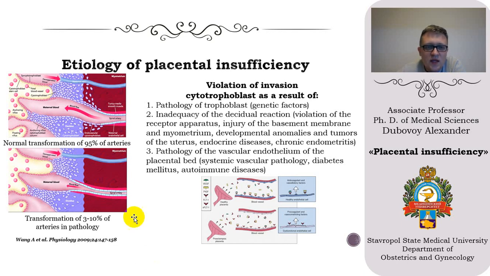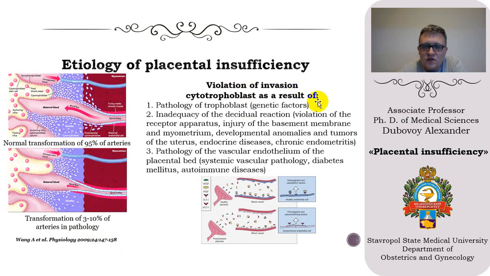Normally up to 95% of the 100, maybe 115, spiral arteries of the uterus are subject to physiological changes, while with preeclampsia and primary placental insufficiency only 3 to 10% undergo proper normal modification.